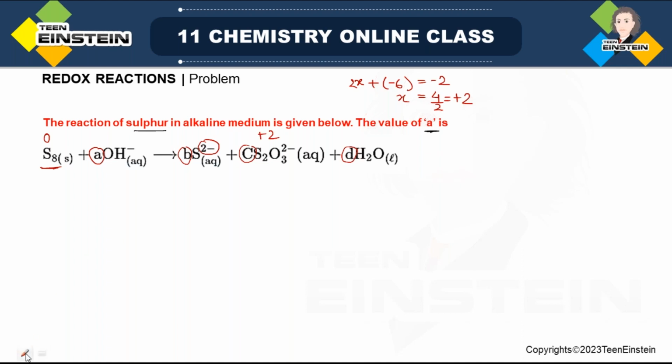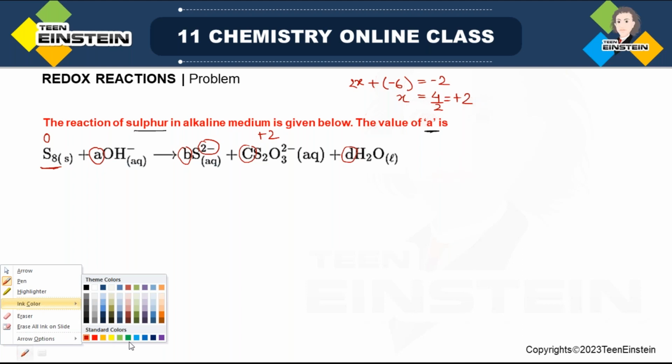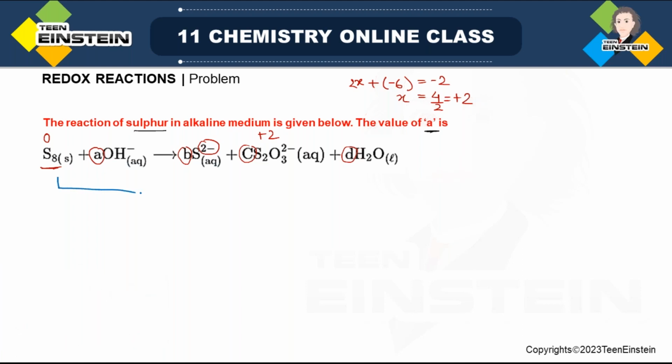That means this is a disproportionation type of reaction where the same species S8 is converted to S2 minus by reduction, but it is also converted to S2O3 2 minus, thiosulfate, which is oxidation. So the same species is undergoing reduction and oxidation.